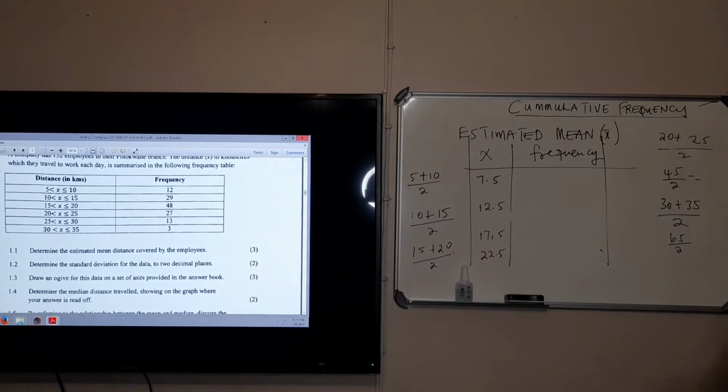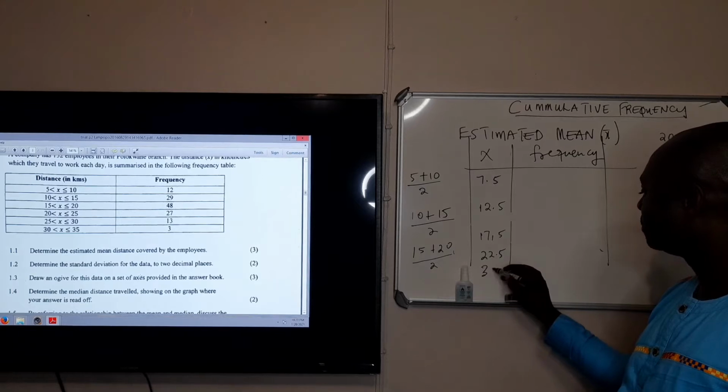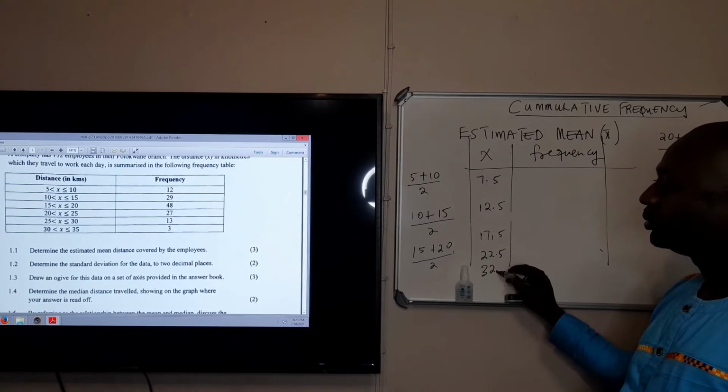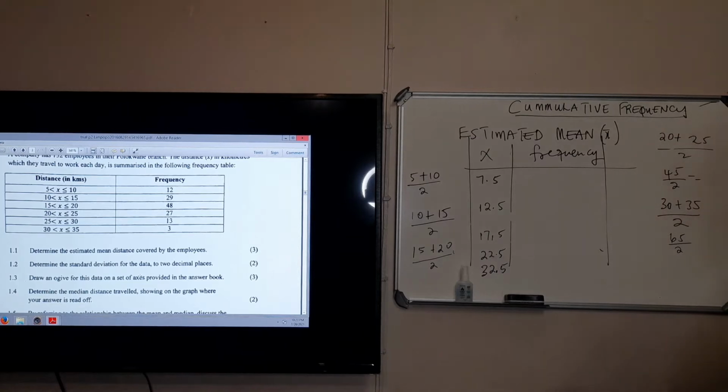Let's check quickly. 65 divided by 2 gives you 32.5.